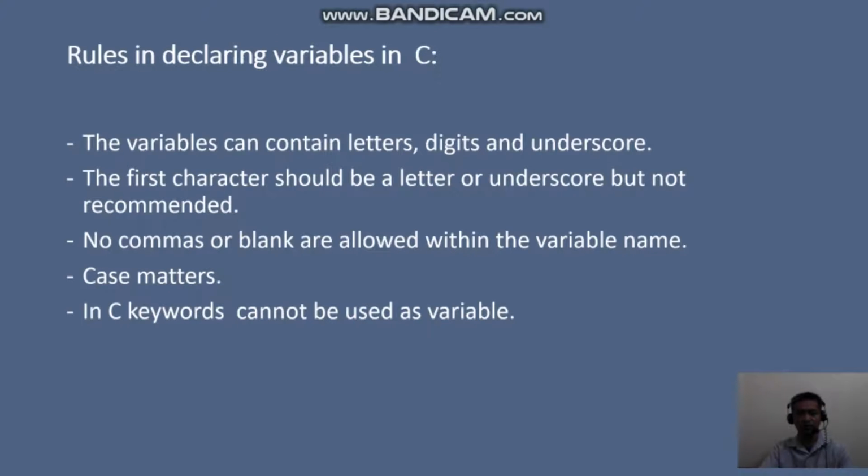It should start with a letter or an alphabet, either a capital letter or a small letter. No commas or blanks are allowed within the variable names. Case matters. Capital X is different from small letter x. Again, C keywords cannot be used as variables.